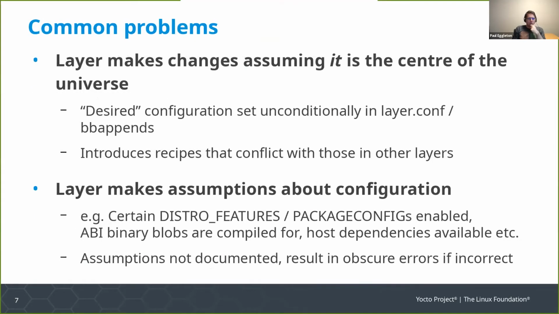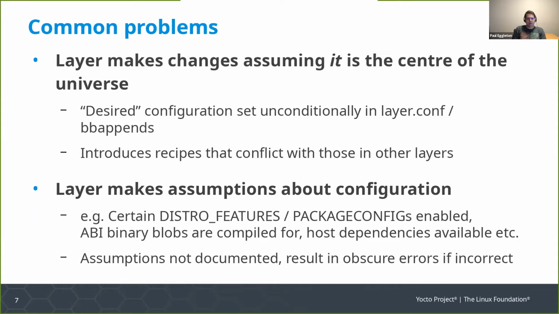So what are the common problems, pitfalls? It really mostly boils down to two different things. The layer is potentially making changes, assuming that it is the center of the known universe, that its settings are more important than anyone else's.